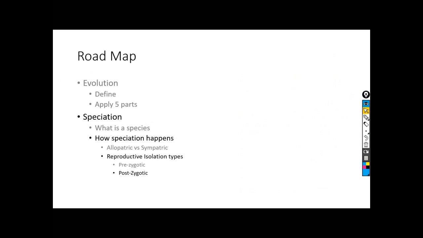Okay, so remember these were all pre-zygotic isolation types. So we wanted to say, what can we do to reinforce speciation before fertilization occurs, so before the sperm and the egg meet. But we know that that's not going to be 100%.